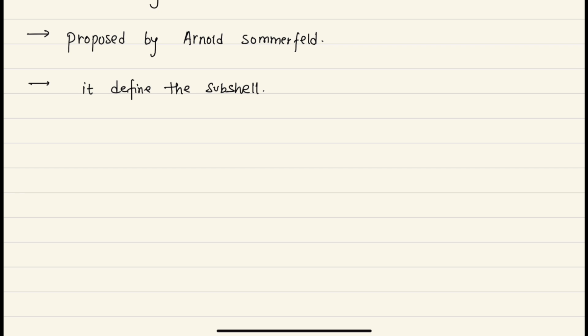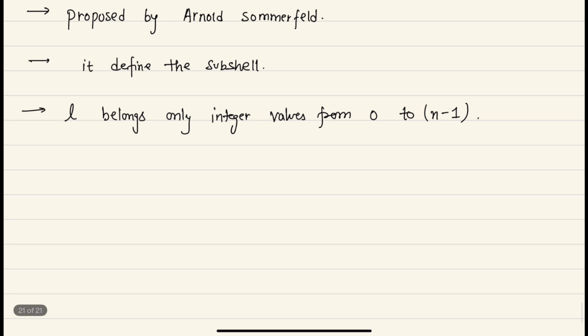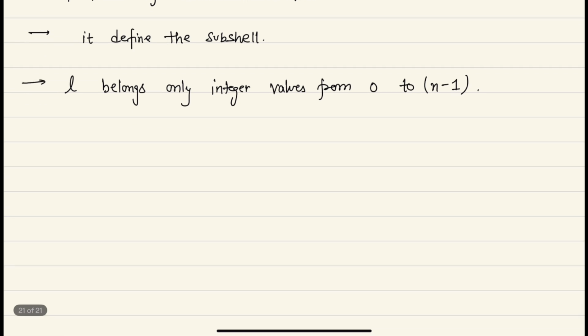So write it here: L belongs only to integer values from 0 to n minus 1. Clear everyone? 0 to n minus 1.